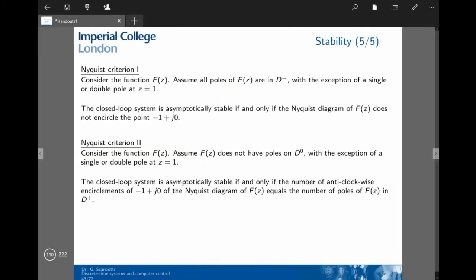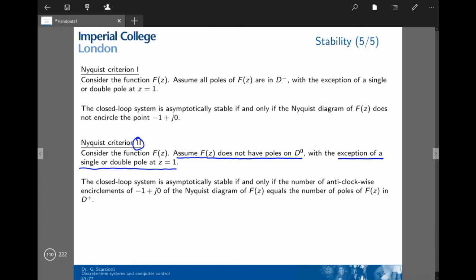Then there is a second version of the criterion, which is more general. We assume just that f of z does not have poles on the unit circle, again, with the exception of a single or double pole at z equal to 1. This is a more general case because we don't require that f of z is asymptotically stable. It may have open loop poles in the bad part of the plane.